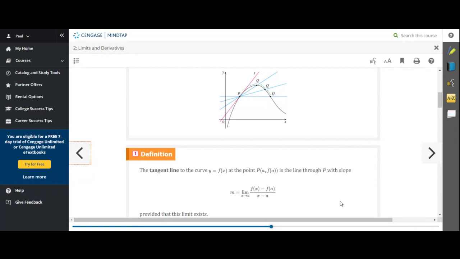That would be the slope of the tangent line. And that slope is called a derivative.